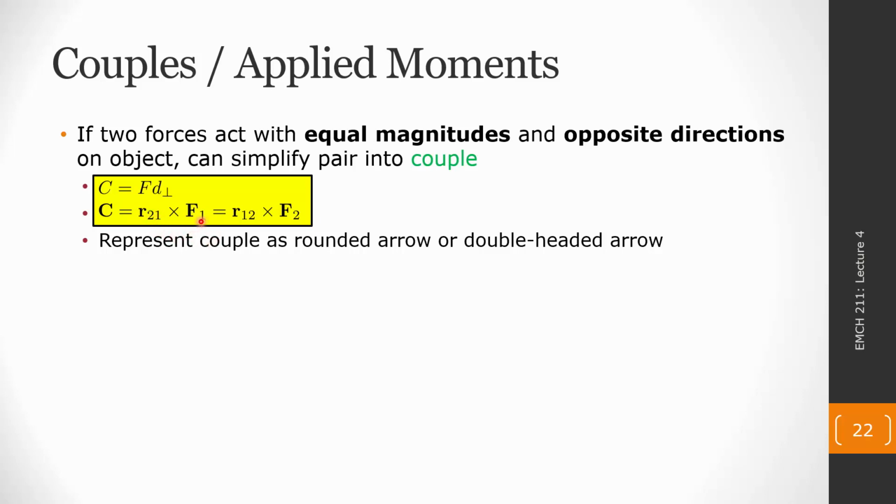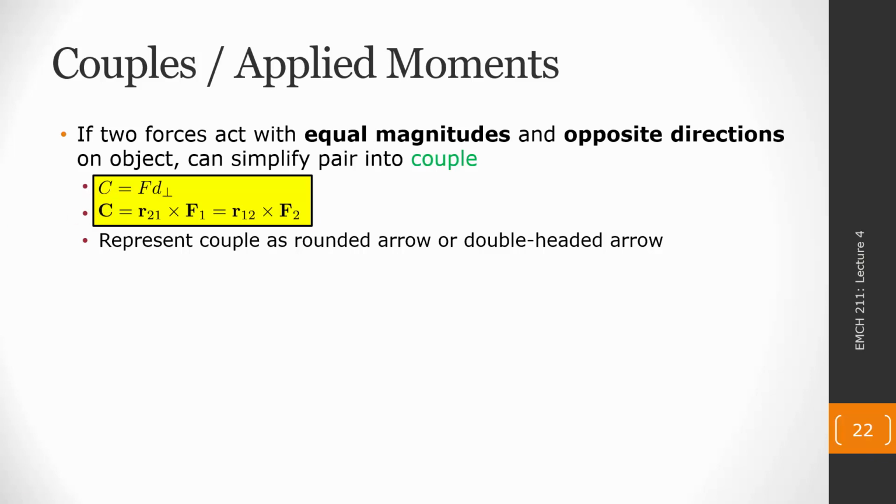Now we can also go the other way and point from any point on the first force vector to any point on the second force vector, which we'll call R12, and cross it with the second force vector. But once again, the end point of the position vector matches what we're calling the second vector. And if we use this vector approach with the cross product, the signs are automatically going to come out for us for clockwise versus counterclockwise. And here, the couple is going to be a vector. It should have i, j, k components.